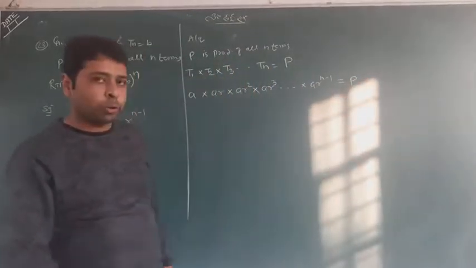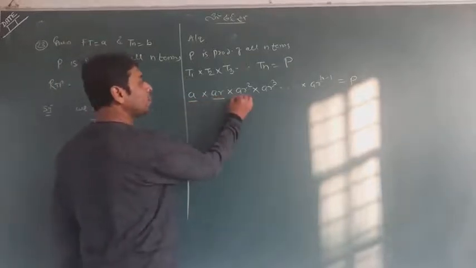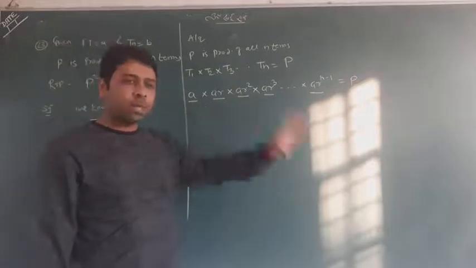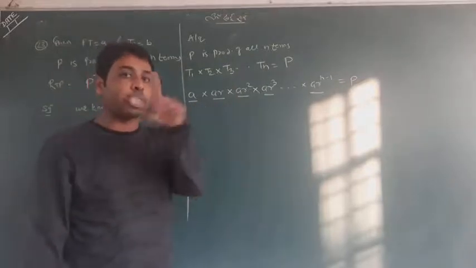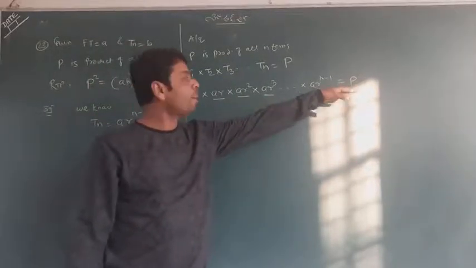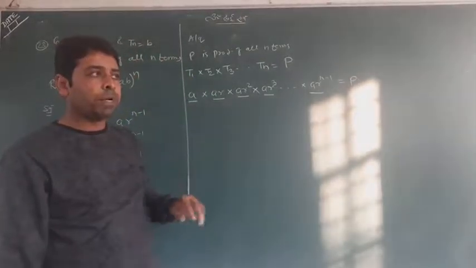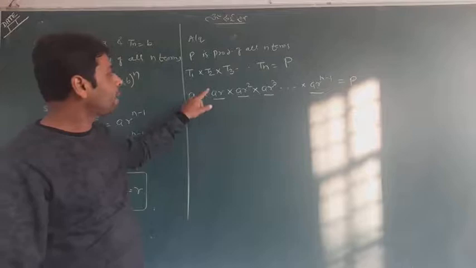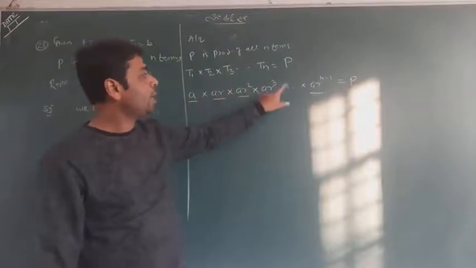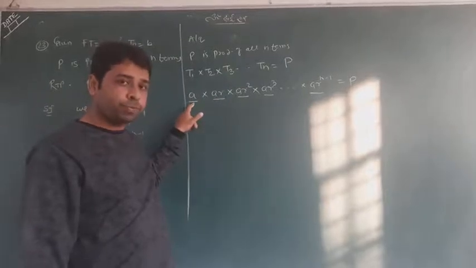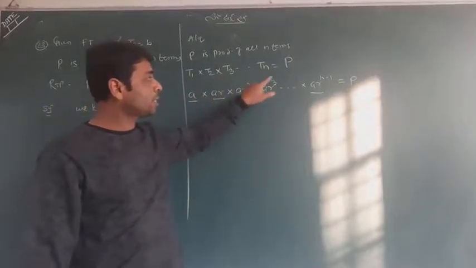Now we will solve. Look at this first term, second term, third term, fourth term, and this nth term. These are all the terms whose product is equal to P. Now I will simplify that. A and A, how many times? n times, because this is the first term, second term, third term, and nth term.